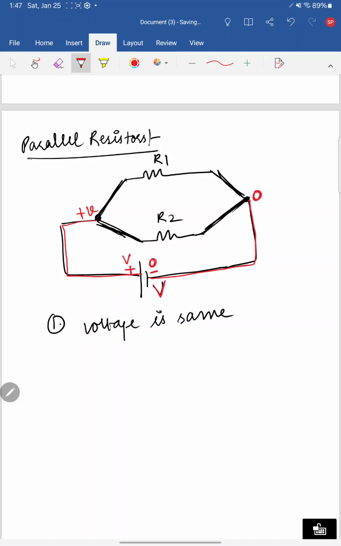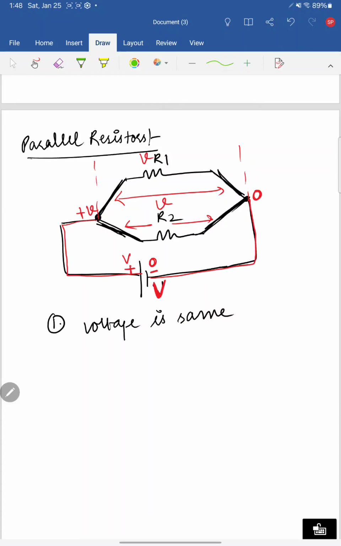So whatever value of voltage we see here, the same value of V will be here. At both terminals of the resistor you see the same value of voltage, here and here. So we can conclude that voltage is the same when resistors are connected in parallel.